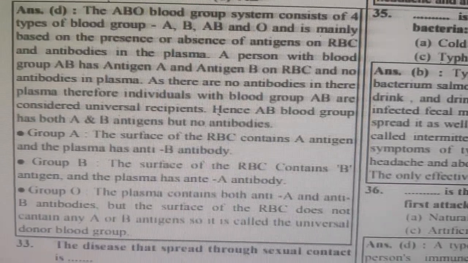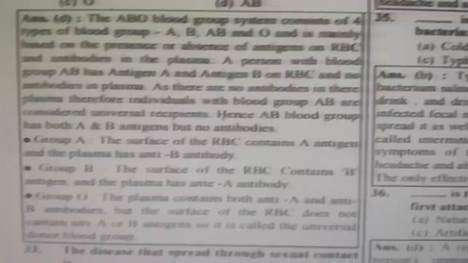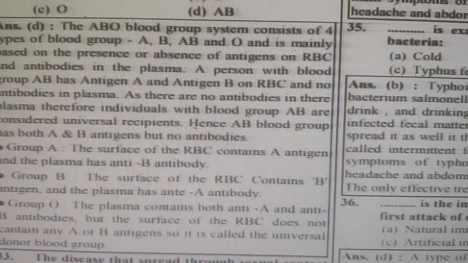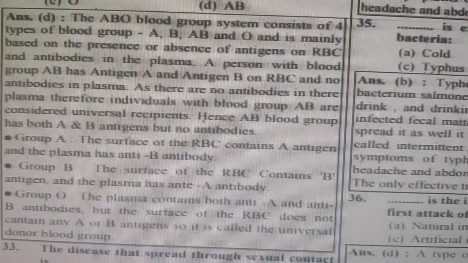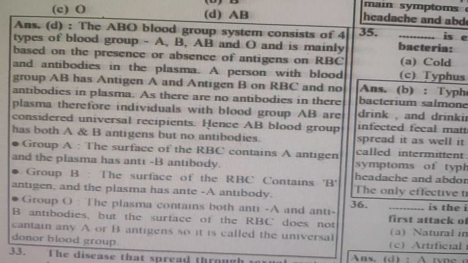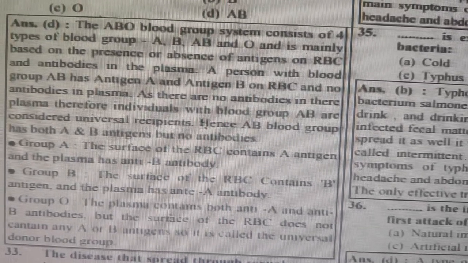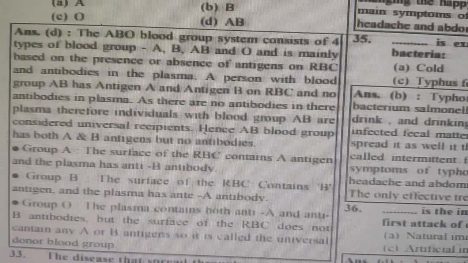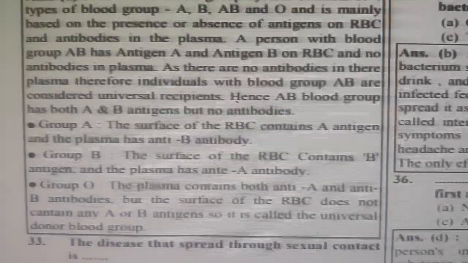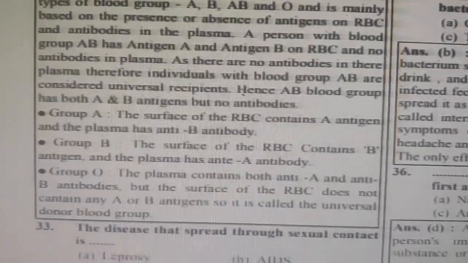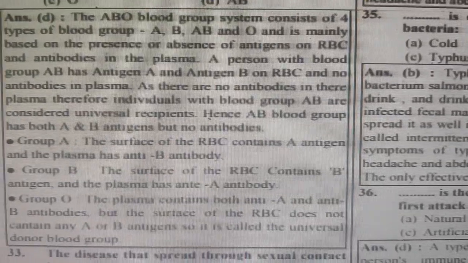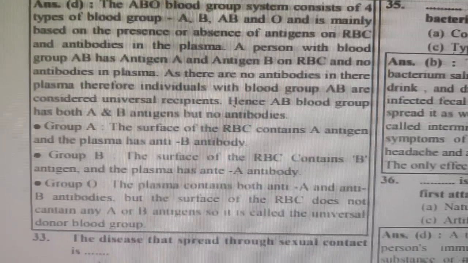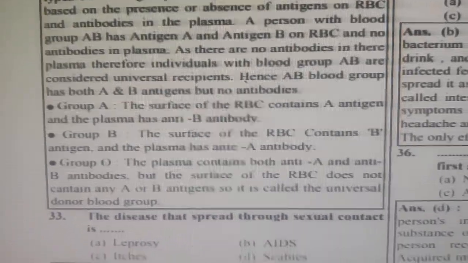Group O: the plasma contains both anti-A and anti-B antibody, but the surface of the RBC does not contain A or B antigen, so it is called the universal donor.